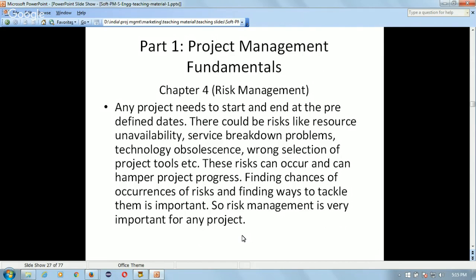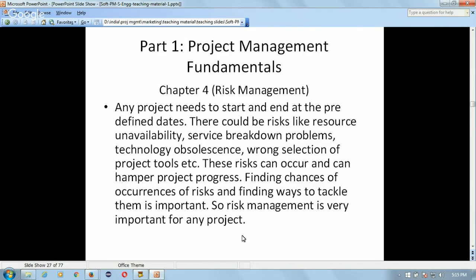Some kinds of risk can include resource unavailability, like a resource is not available, and some service breakdown problems, like the internet is down, and the things which needed internet are not available, and so the project is getting delayed, or some other service agreement issue can happen.